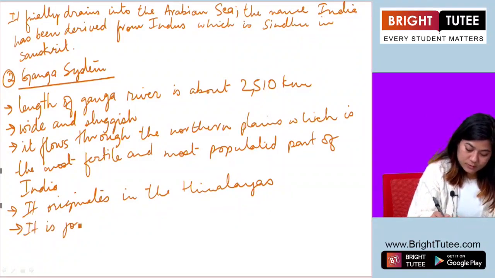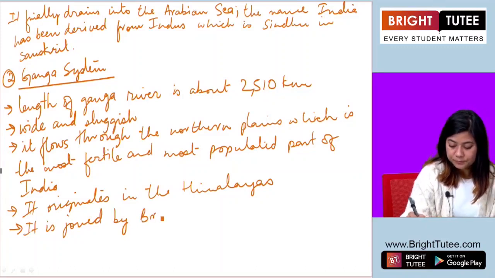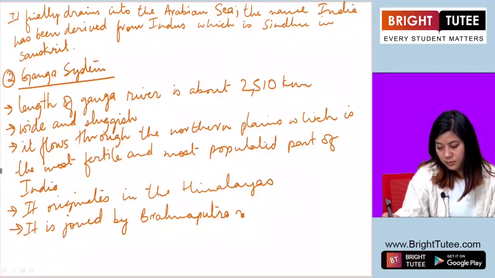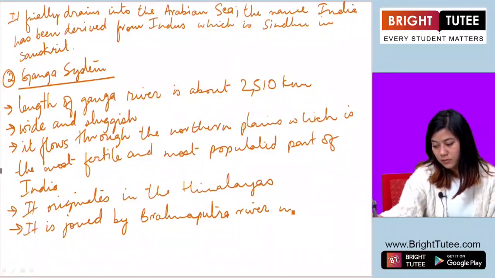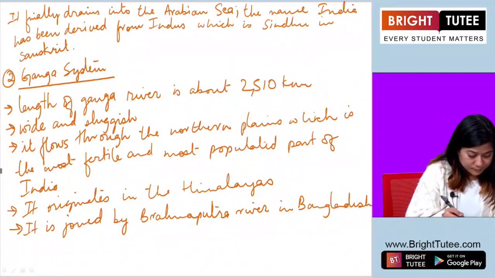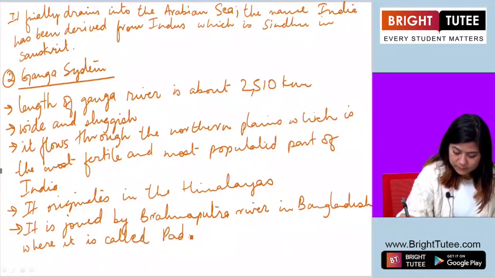It is joined by Brahmaputra river in Bangladesh, where it is called Padma.